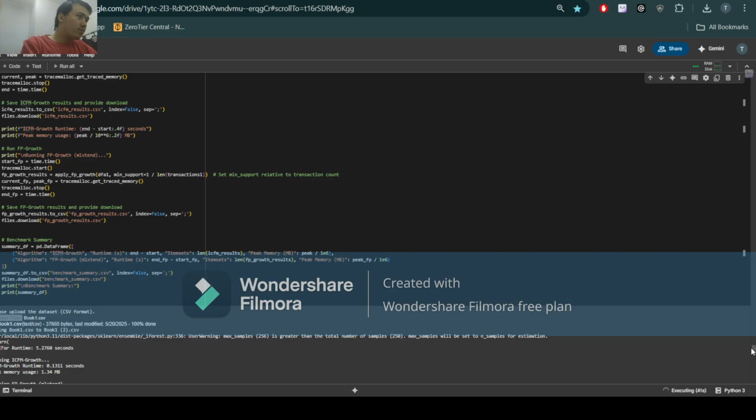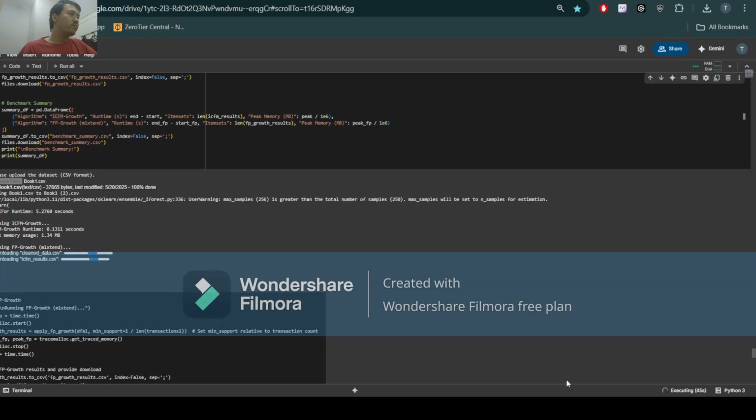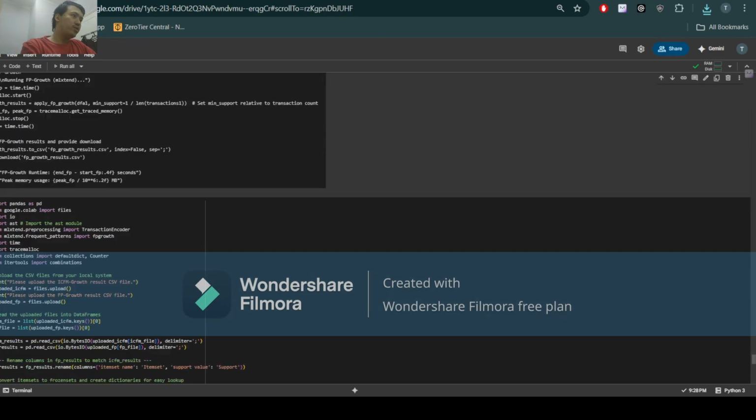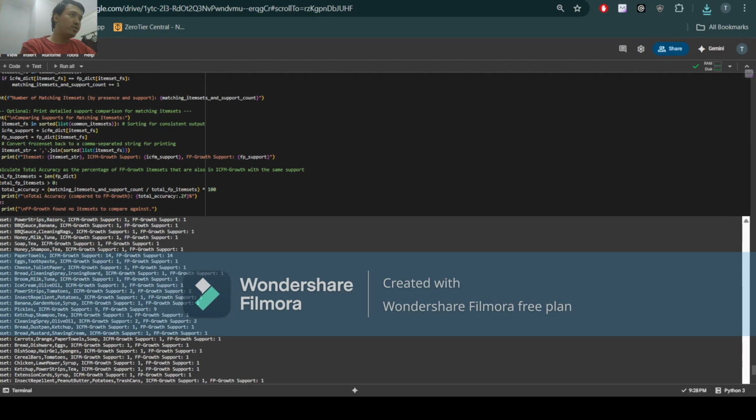It takes 0.13 seconds for ICFM-Growth, and how long will it take for FP-Growth? And there it is, it takes 11 seconds. Now we will look at their efficiency. Here's the code below to look at their efficiency.